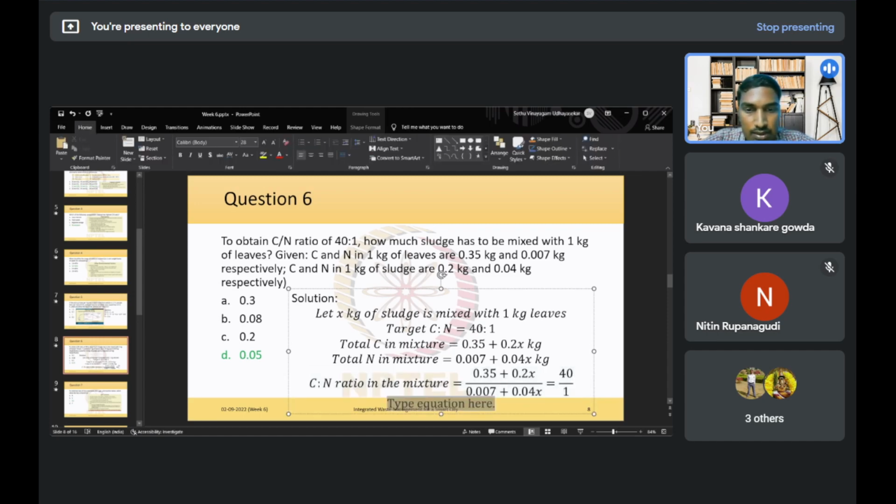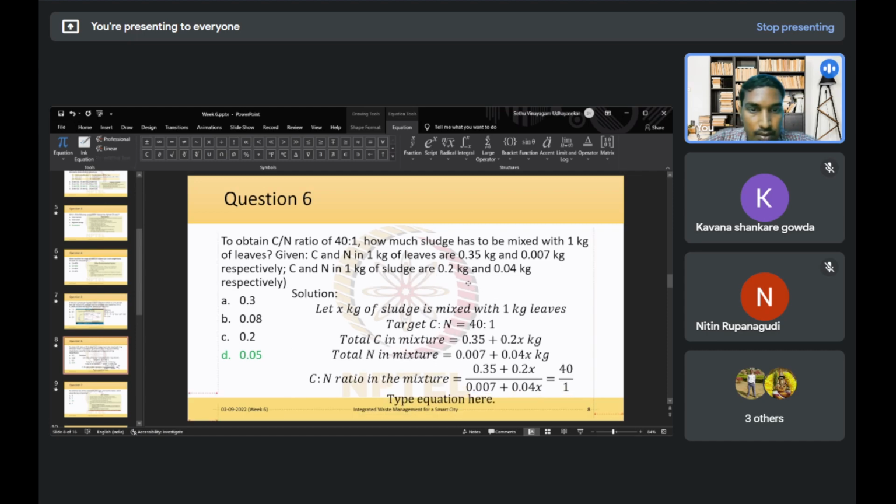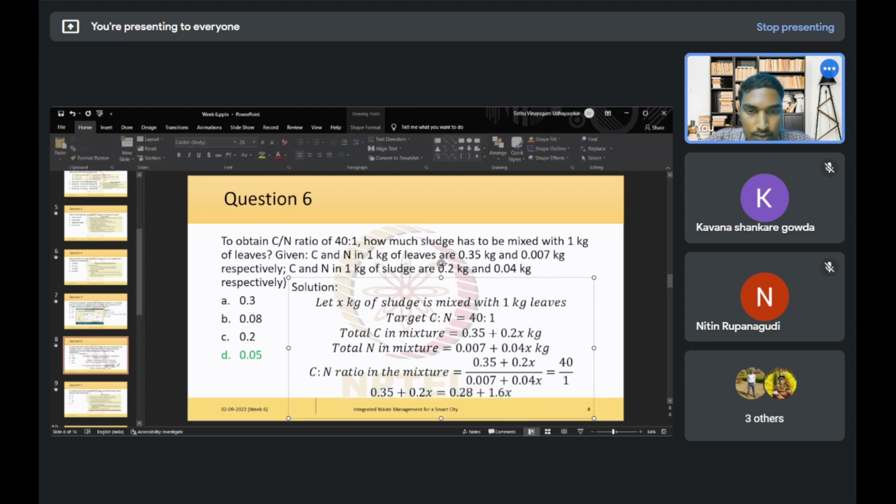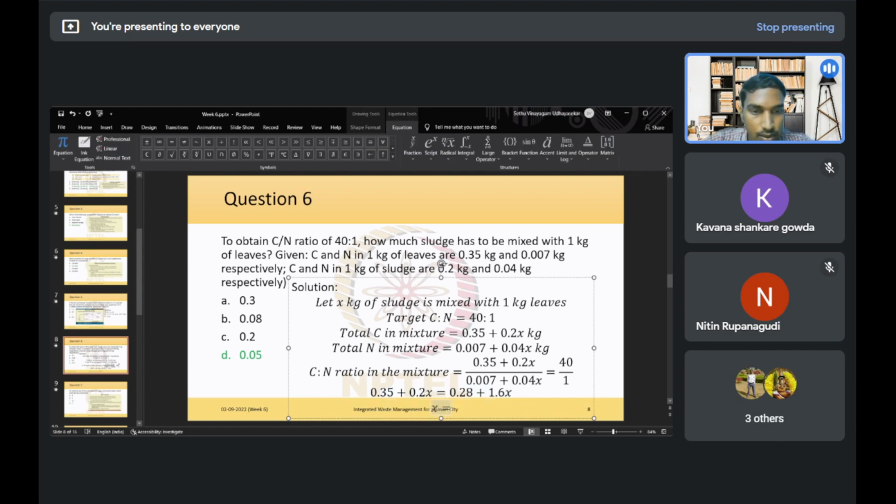If we solve this equation, we get 0.35 + 0.2x equal to 0.007 times 40, which is 0.28, plus 0.04x times 40, which is around 1.6x. By rearranging and solving, we get x equal to 0.05.